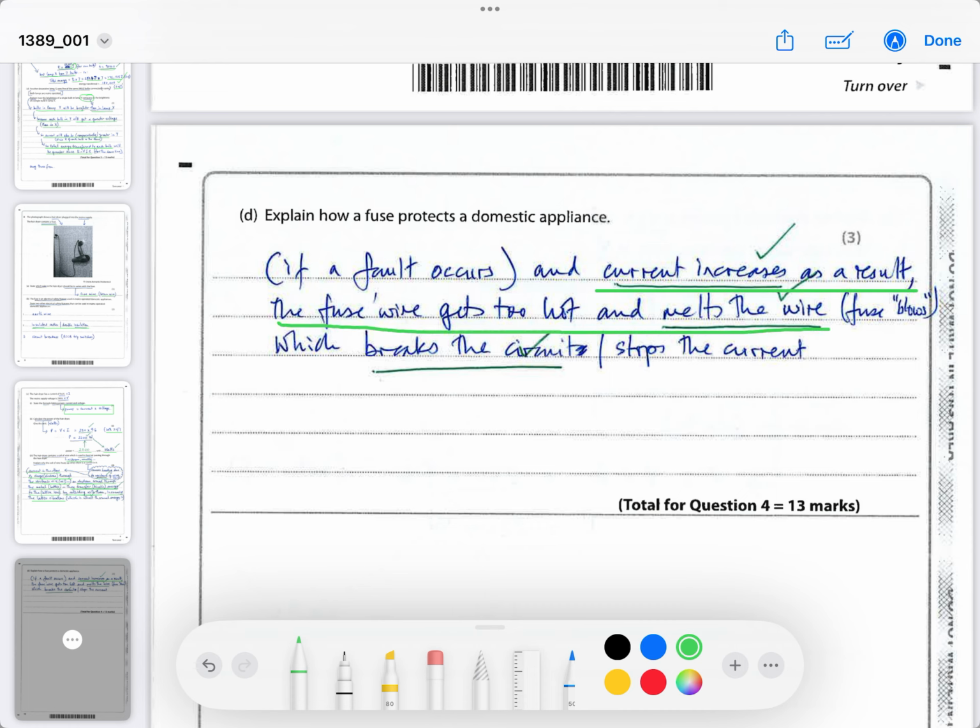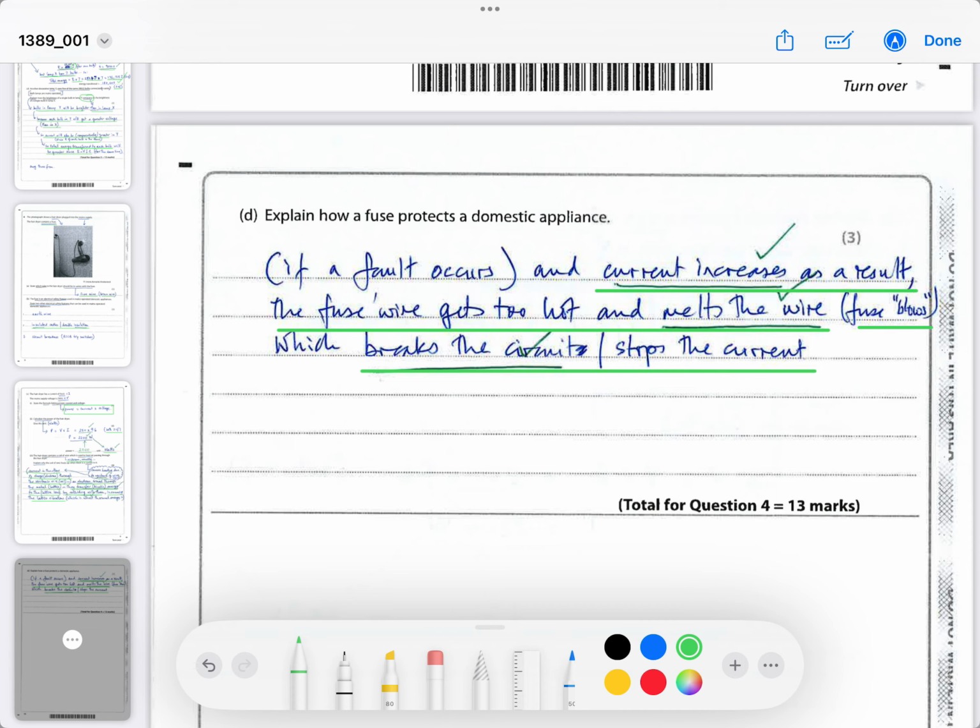So they want you to know that the fuse is made of a wire, and you could say the fuse blows, to show that you know the fuse will blow because the current increases above its capacity. They're designed to be able to take a certain amount of current. For the hairdryer, it'll be a 13 amp fuse, and of course when the fuse melts, it also breaks the circuit which stops the current. So those are the 3 points that you need to make.